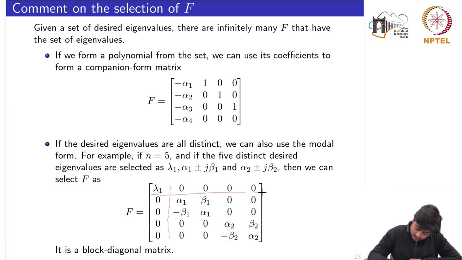So one block is this one, and then another block is this one, and another block is this one. Okay, so 2 eigenvalues are here, 2 are here, and one is here. So there are different F matrices which you can form so that it could contain the required set of eigenvalues.